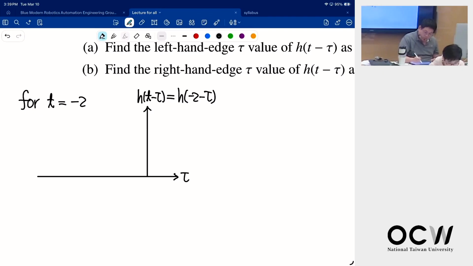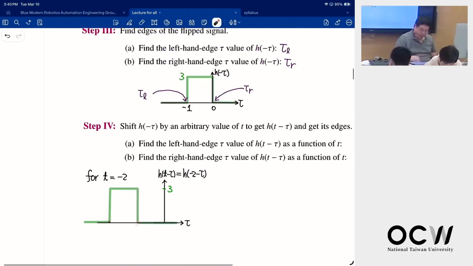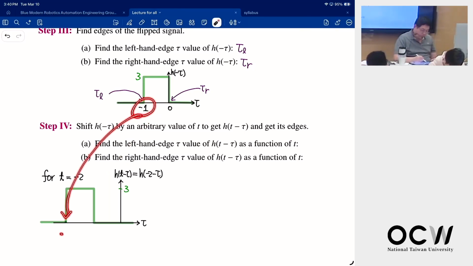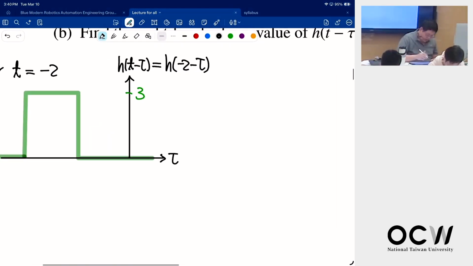So the plot is, we have 3. So what is this point and here? If I shift to the left by 2, this minus 1 will become minus 3. And here is minus 2.